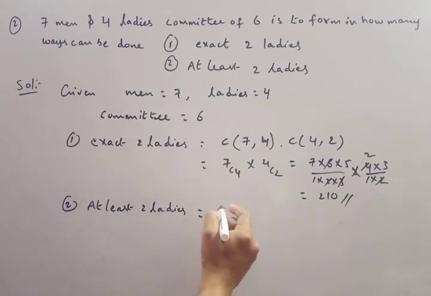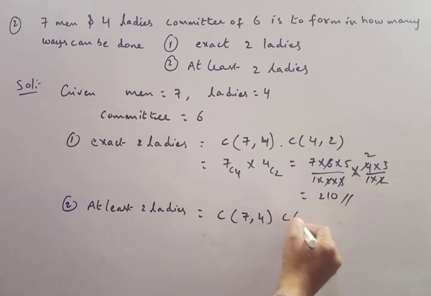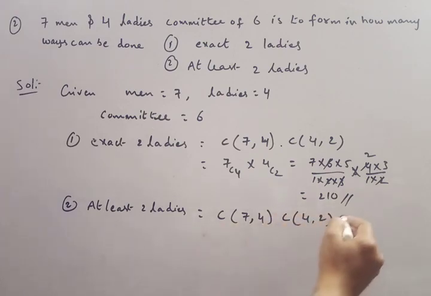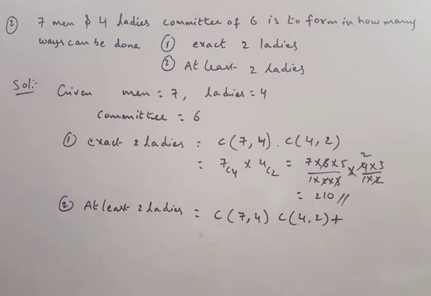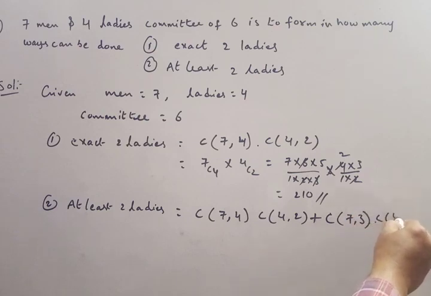Minimum 2 ladies, right? That means if I take minimum 2, then out of men we have to take 4, and from women 2, correct? This is one case, plus another case, C of 7 men are 3 into C of women are 3, correct?